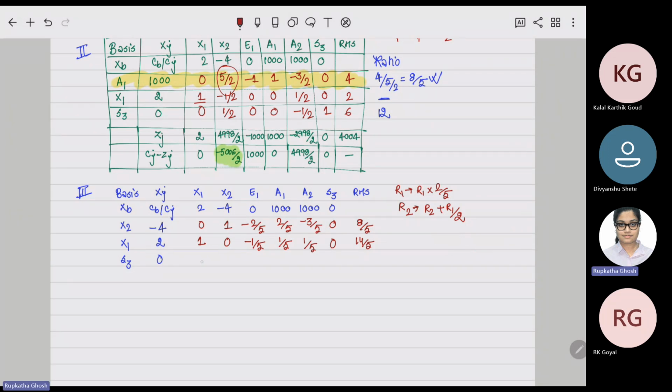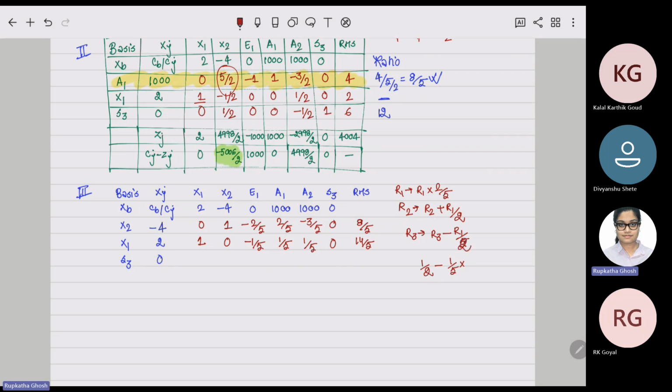Okay. And R3's value is currently half. So R3 minus R1 by 5, I guess. Because if I do this, half minus 1 by 5 into, no, sorry, I got confused.